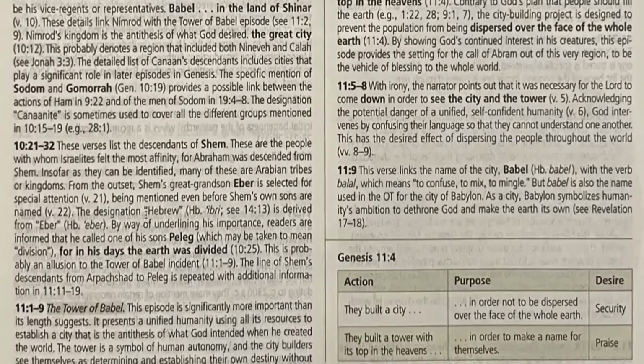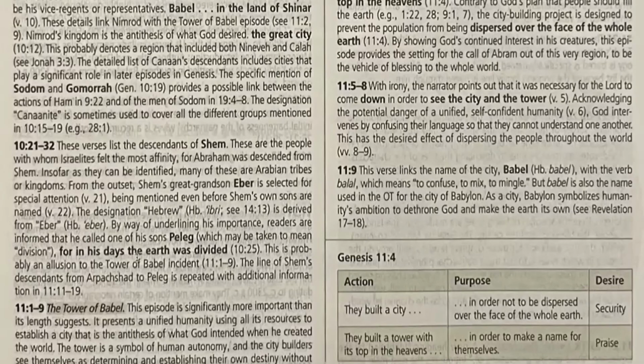The designation Hebrew, in the Hebrew Ibri, see chapter 14, verse 13, is derived from Eber, Hebrew Eber. By way of underlining his importance, readers are informed that he called one of his sons Peleg, which may be taken to mean division.